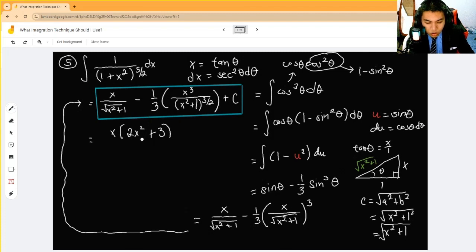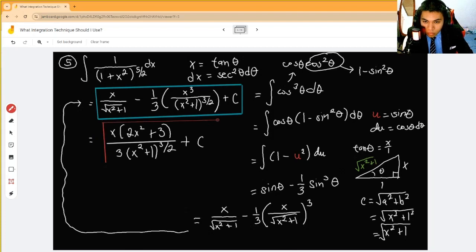Yeah, that's right, since we're dividing by the power. Over 3, the LCD right here, x squared plus 1 raised to 3 halves. Okay? Then put a plus C. This is another answer you can put. It's a much simplified version, but both are the same. Right?